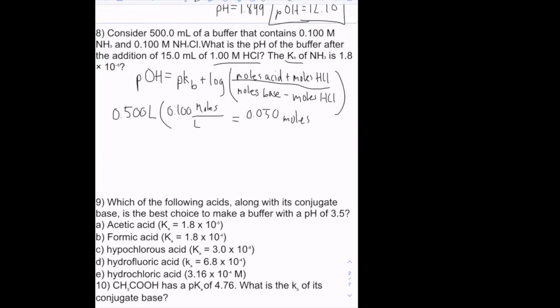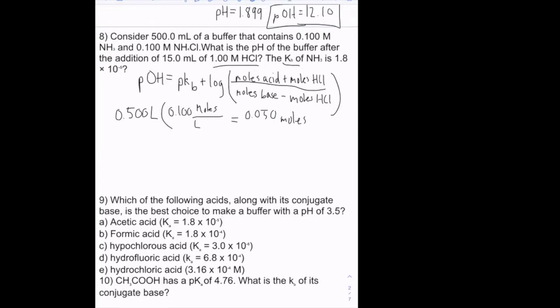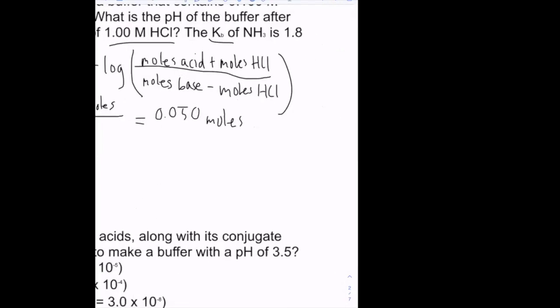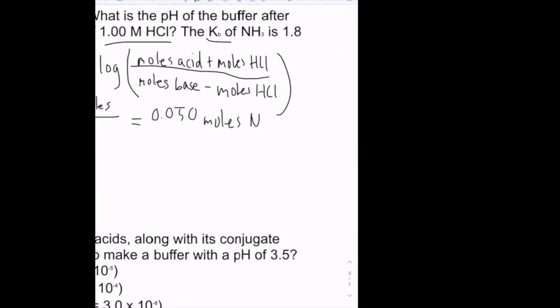I'm not going to label this because this is actually equal to moles of NH4Cl as well as NH3, because they both are 0.1 molar concentrations in the same solution. So I'll just label that as NH3 and NH4Cl.